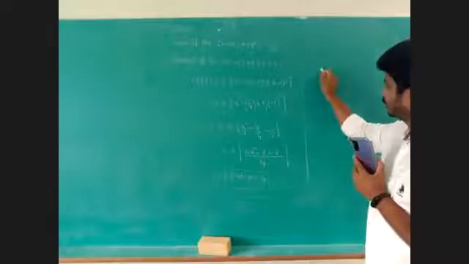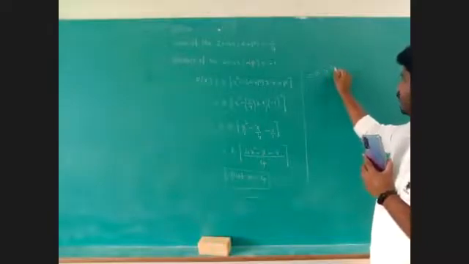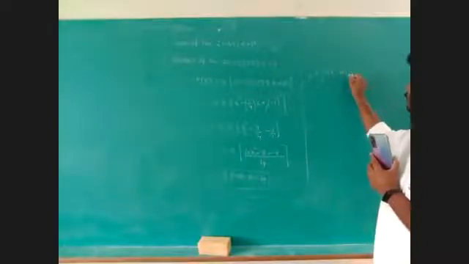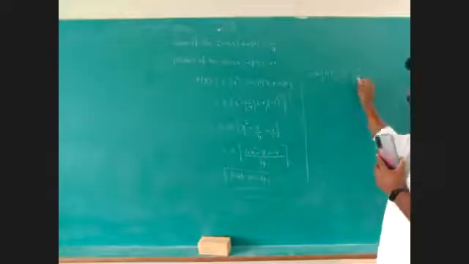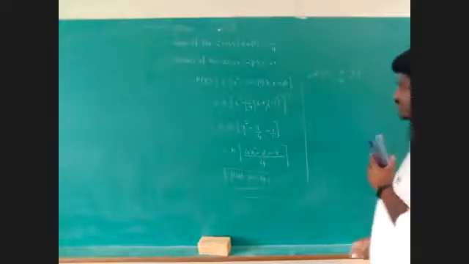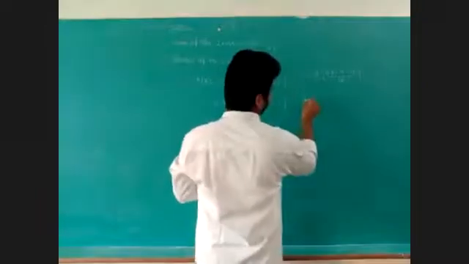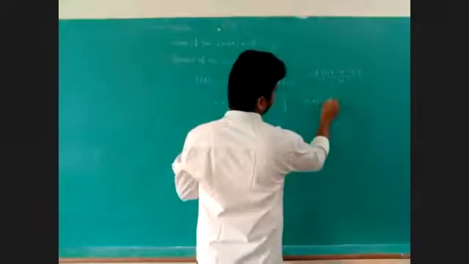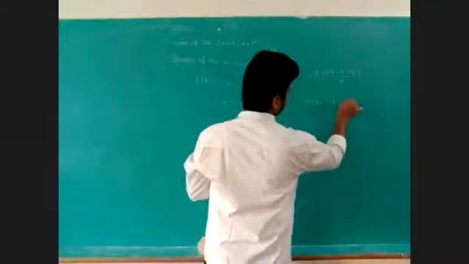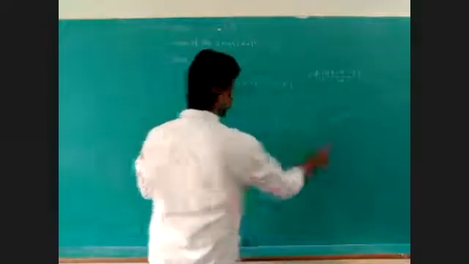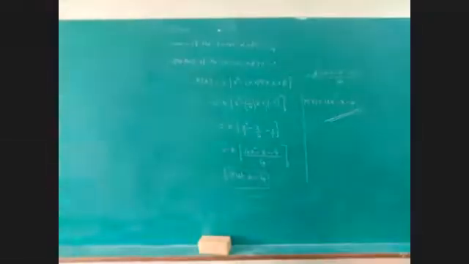The remaining terms are 4 into 4x square minus x minus 4 by 4. This 4 gets cancelled. The required quadratic polynomial p of x is equal to 4x square minus x minus 4. This is the answer. Is it clear?